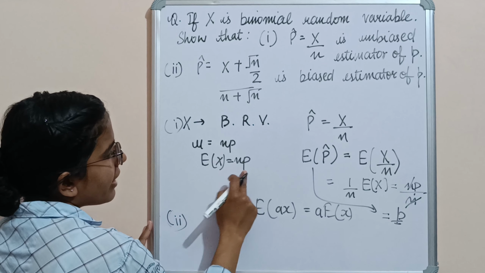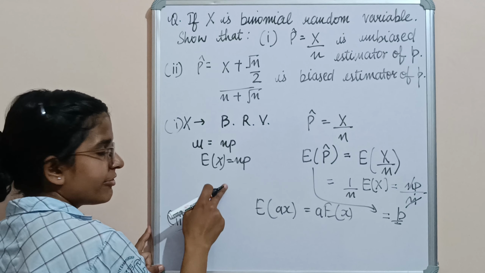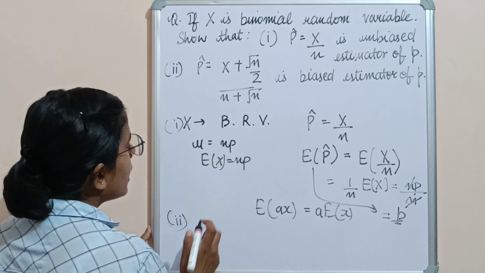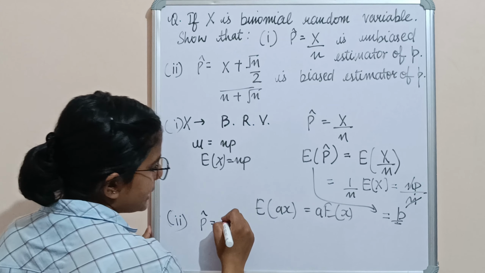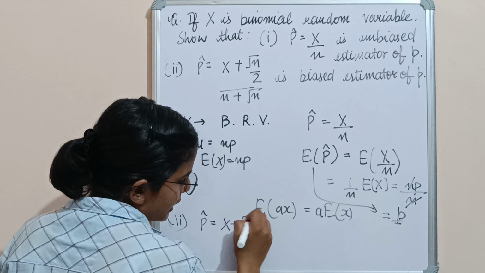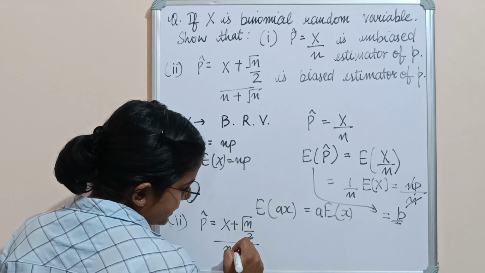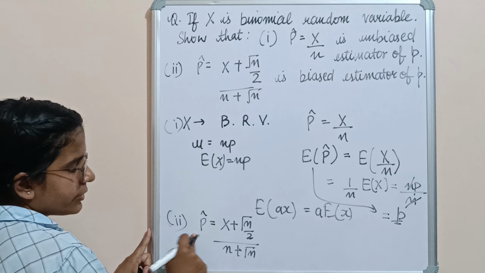For our next part, again expectation of X will be equal to np because X is a binomial random variable. That means it follows binomial distribution. Our p cap is X plus under root n divided by 2n plus under root n. Now we have to find expectation of p cap.